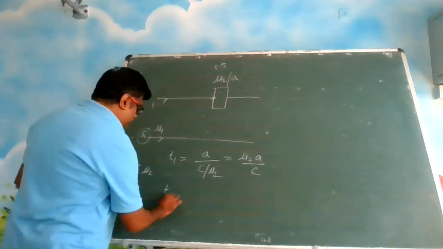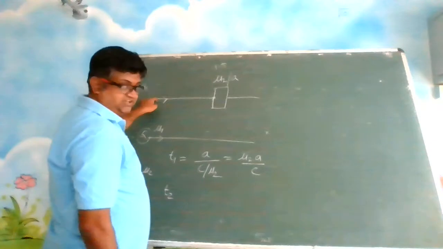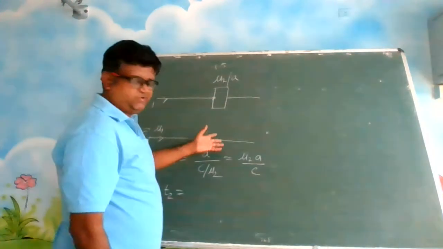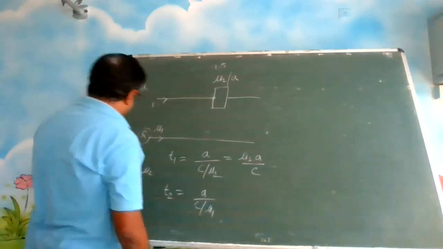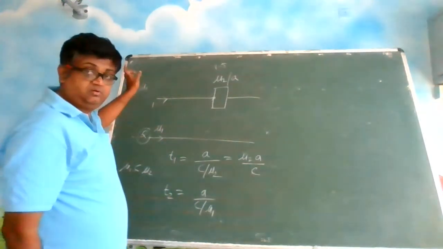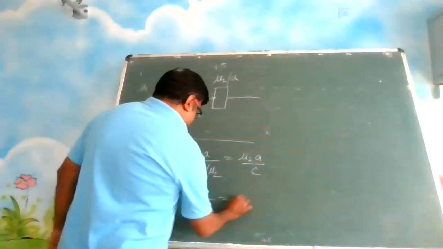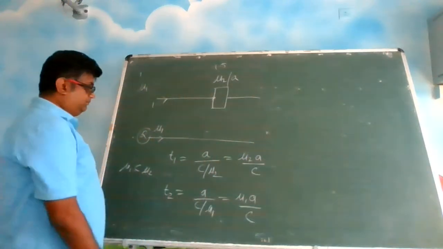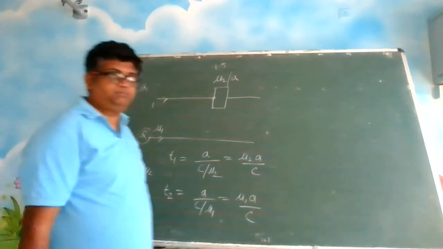Now we will find T2. T2 means for the second ray. T1 is for the first ray. Second ray, no obstruction. So it will travel with which speed? C by mu 1. Now it is in air, in the mu 1 medium. So this will become mu 1 A by C. Mu 2 is more than mu 1. So what will be the time gap? Time gap has to be positive.